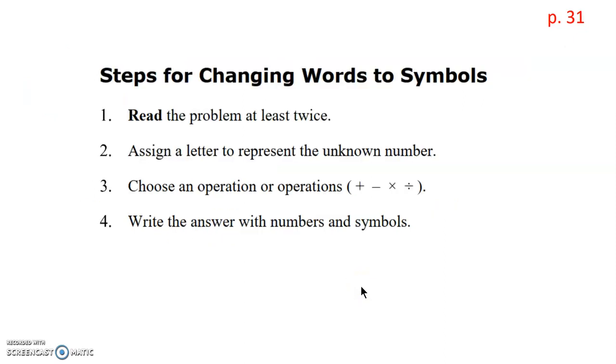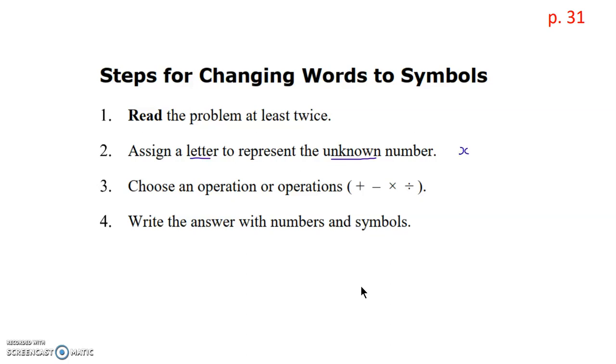When you are reading words and changing them to symbols, basically making algebraic expressions, you need to read very carefully. So you read a couple of times, you underline key information so that you can put the information in the correct order. You assign a letter to represent the unknown. You can assign any letter you want.